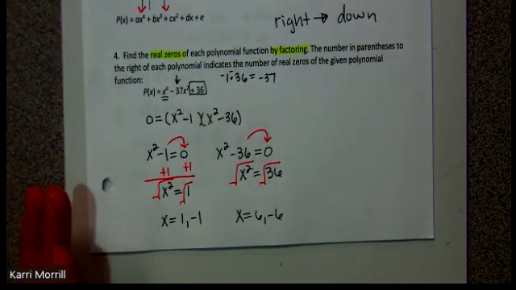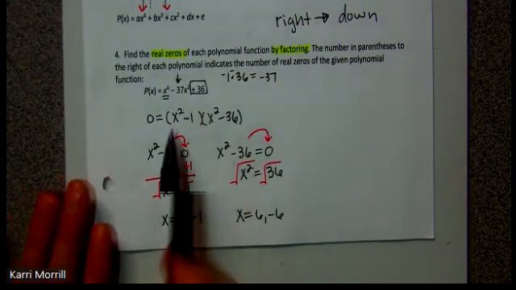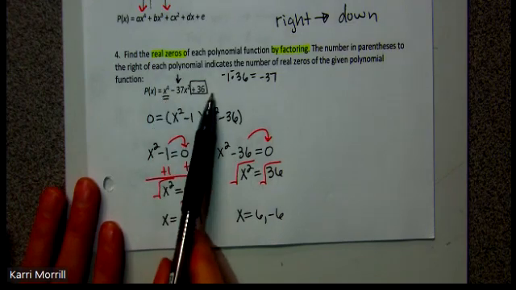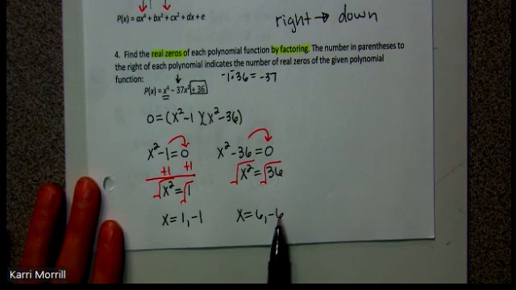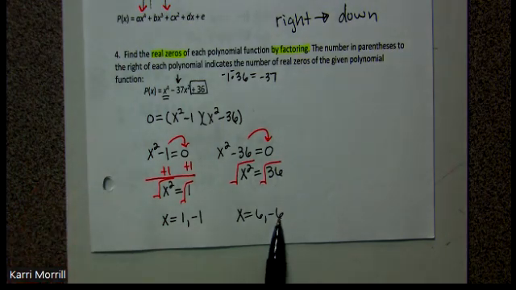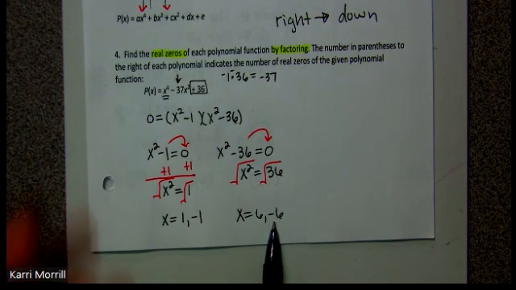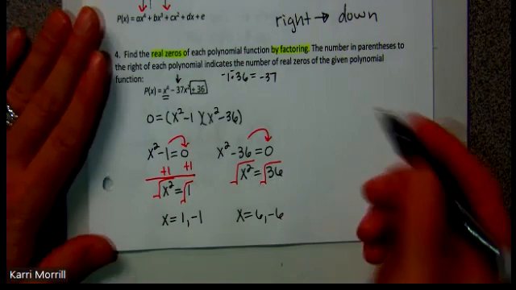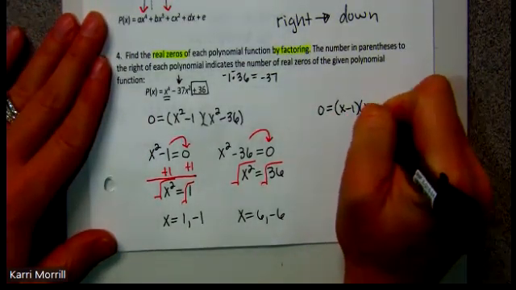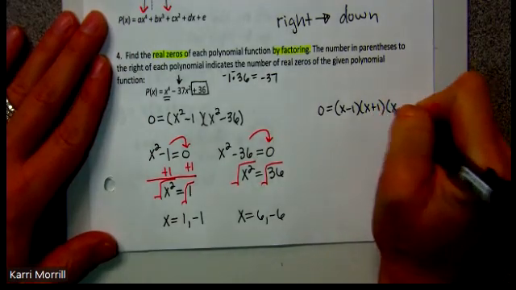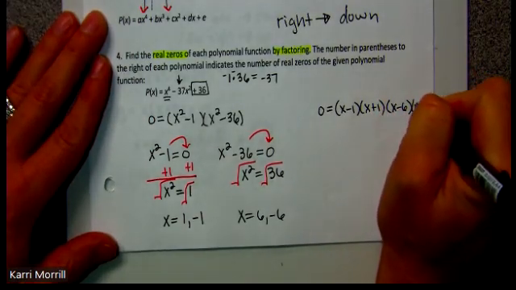What this means as we get into it a little bit further is if you were to set this up as synthetic division, and if you were going to use 1, -1, 6, -6 as any of the numbers to do synthetic division, you will get a 0 as a remainder because these are considered factors of this polynomial. This one we can factor, like we could have said x minus 1, x plus 1, x minus 6, and x plus 6.